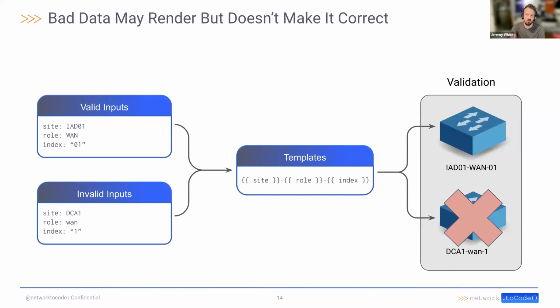In this paradigm, we only catch this non-standard item once it's actually on the device. We don't catch it when it's in the input section, which could be in a set of host vars and group vars inside of Ansible, or inside of a config context, or actually a device attribute inside of Nautobot. So we can see this is more of a reactionary approach of being able to validate and understand if our data is valid and is it exactly per design.